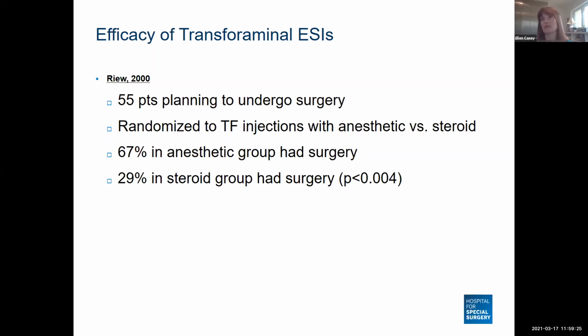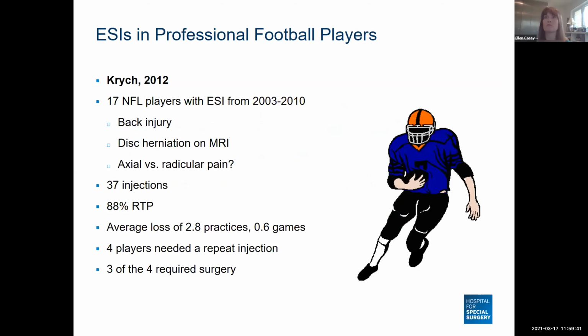So this is one of the studies cited to suggest this might be a surgery-sparing procedure, or at least certainly reduce pain so that the body's innate ability to recover from this and natural history can occur.